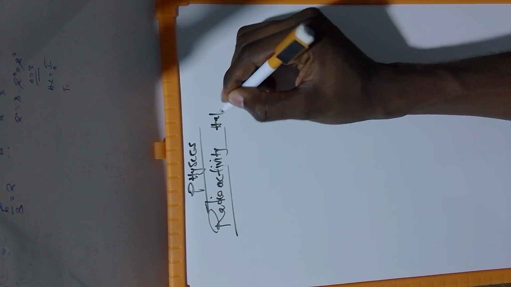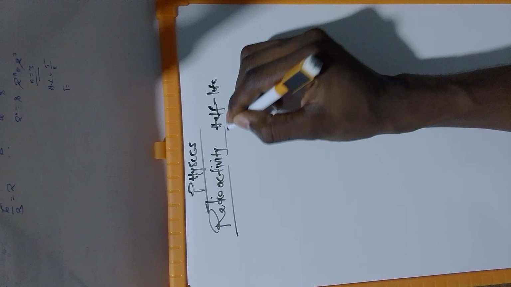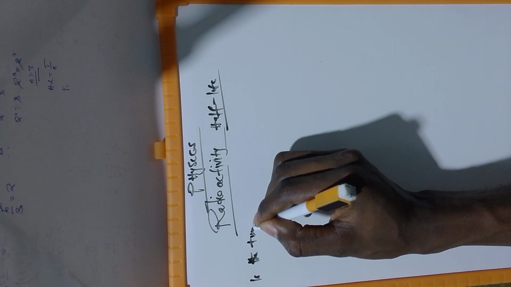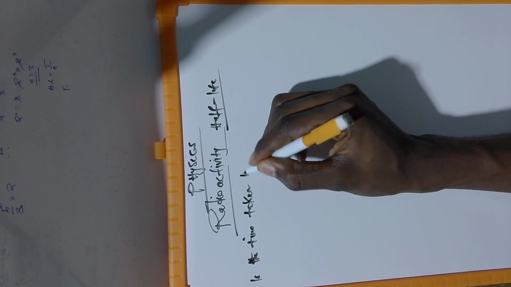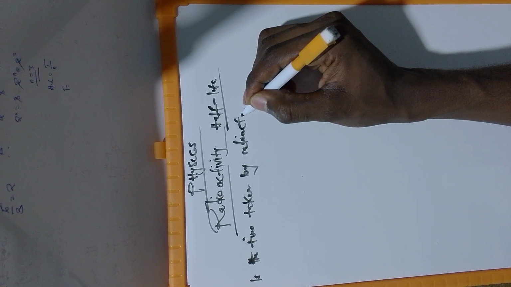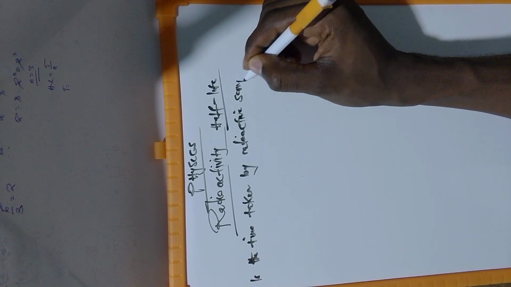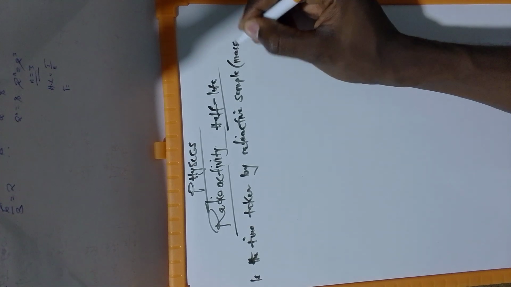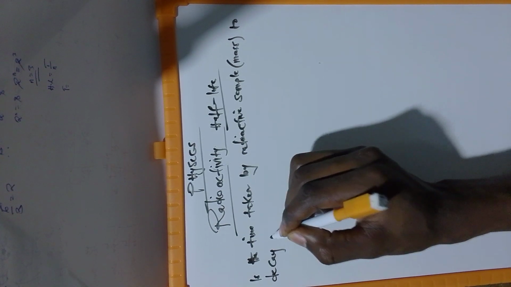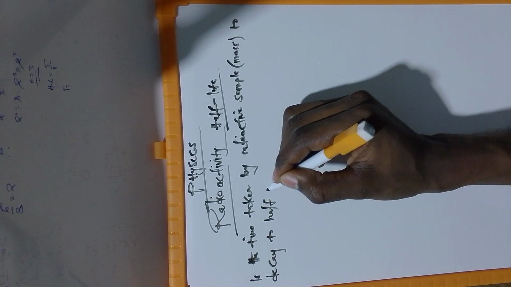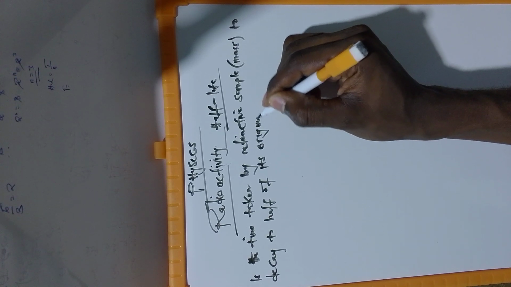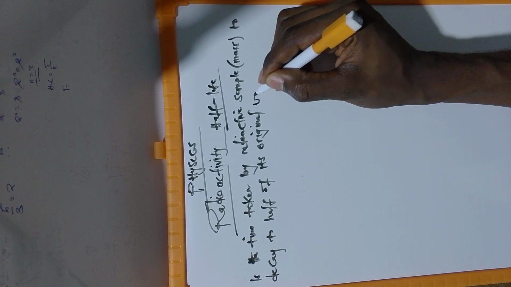So when I'm dealing with half-life, we know that half-life, by definition, we can say is the time taken by a radioactive sample, can be mass, radioactive sample to decay to half of its original value.